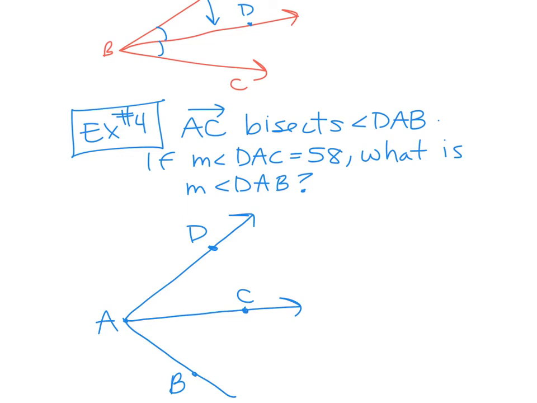So if DAC is the angle we're looking at as 58 degrees, then what would the measure of DAB be? If DAC is 58 and AC is a bisector, what's DAB?